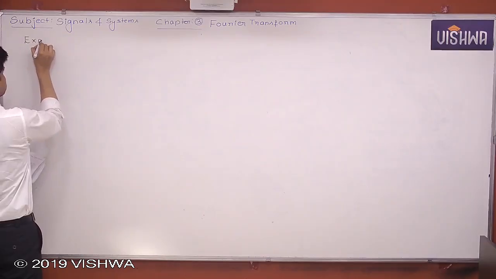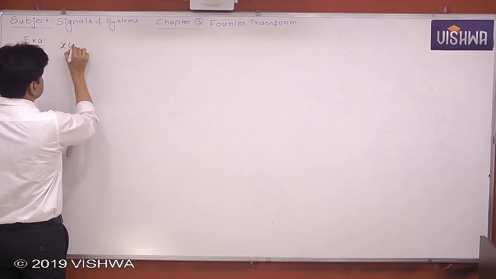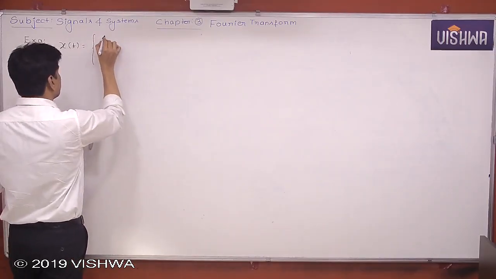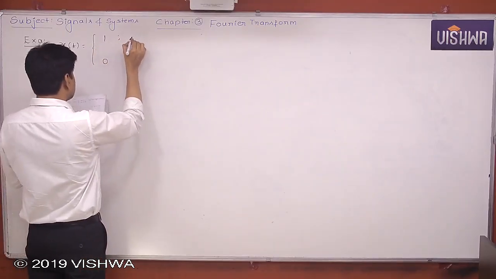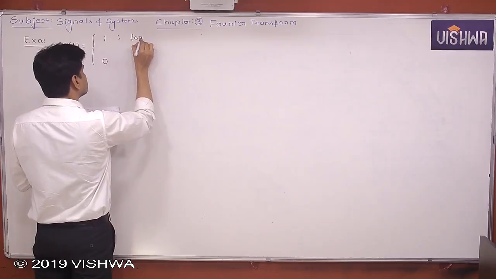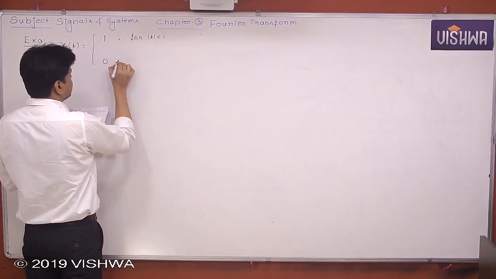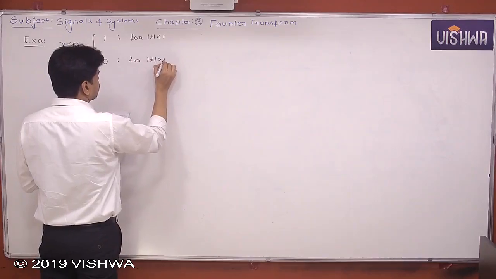Let's see an example. X of t is equal to 1 for mod t less than 1, and equal to 0 for mod t greater than 1.